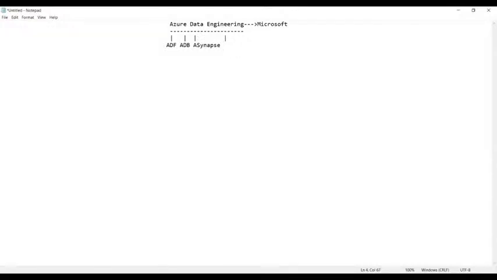Then we have Azure ML, which stands for machine learning, and Azure AI, which is artificial intelligence. Likewise, many services are provided under this Azure data engineering.